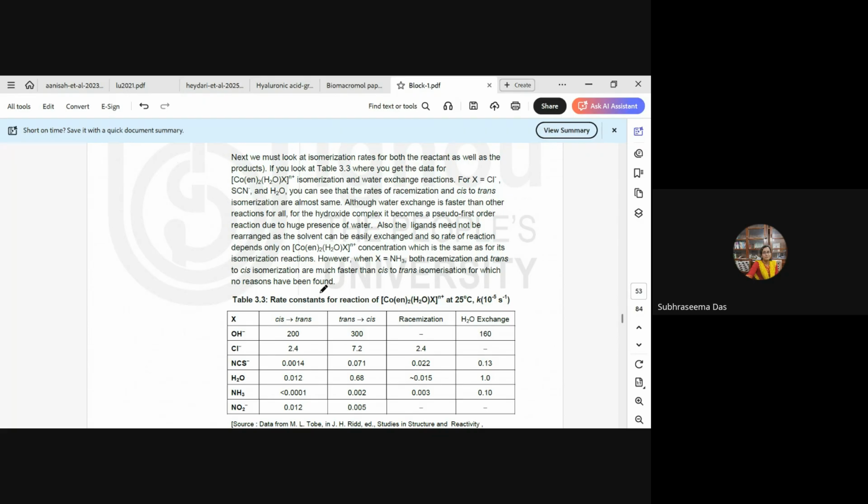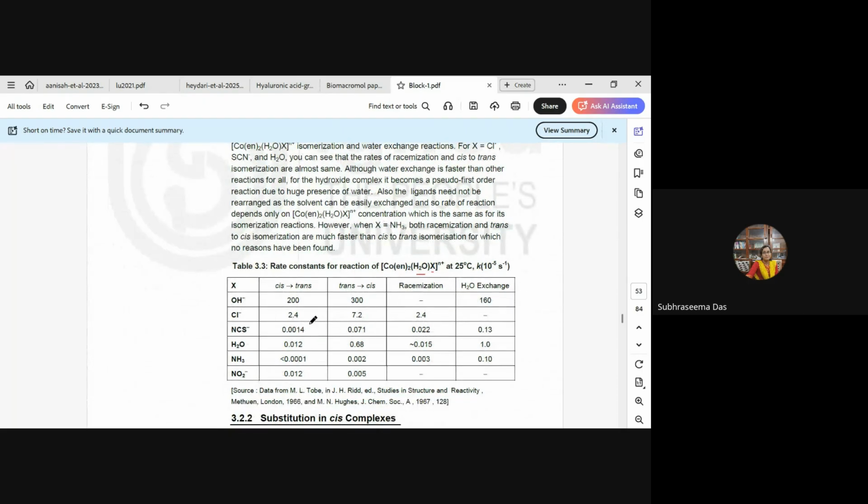When we look into table 3.3, this is the rate constant for the reaction of cobalt ethylenediamine and aqua, where X is the ligand, at 25 degrees centigrade. Here we can see that the rates of racemization and cis to trans isomerization are almost the same. The cis to trans conversion rate is 2.4 here, and 2.2 and 2.4.